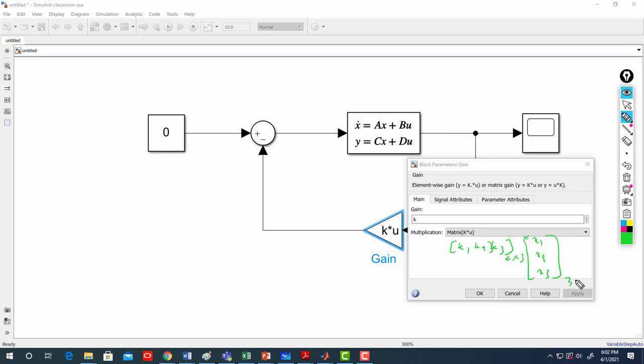So this is 3 times 1. So Kx is the following: K1 x1 plus K2 x2 plus K3 x3. Minus, because here U equals minus Kx.